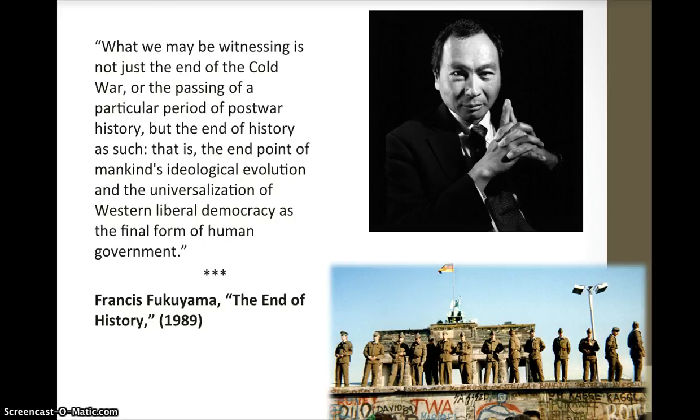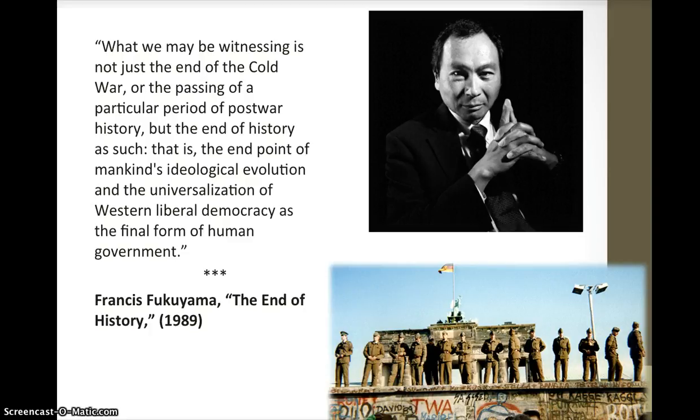So I want you to take a moment to think about what this actually means, what he's saying. It's pretty remarkable. I think this guy was really quite a visionary writing in 1989. He really had a sense that history as such was not going to end in the sense that events are going to stop happening. But he believed that the world had come to a point where humanity had realized the superiority of what he saw as the universalization of Western liberal democracy.